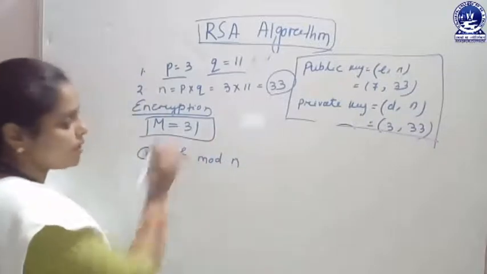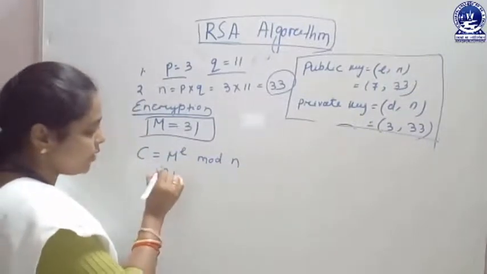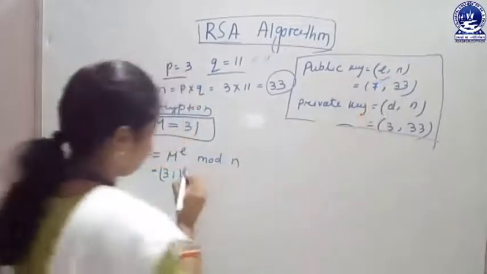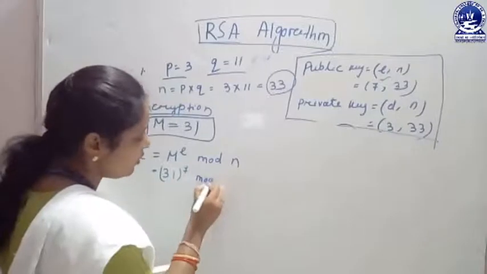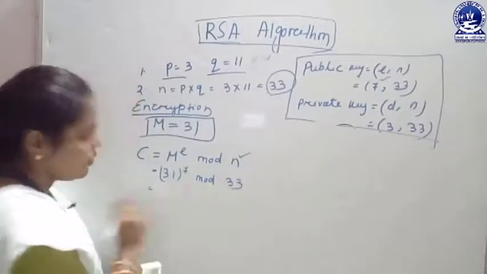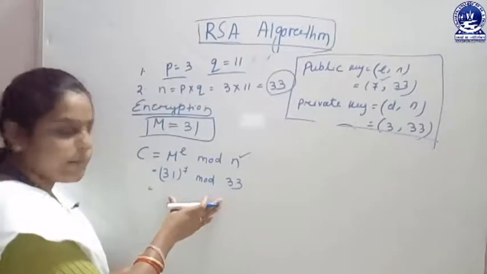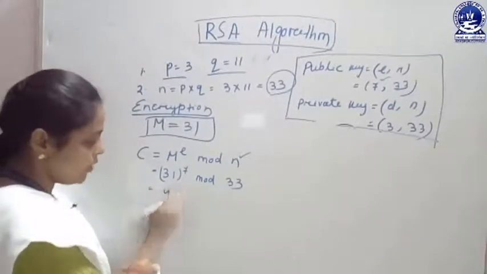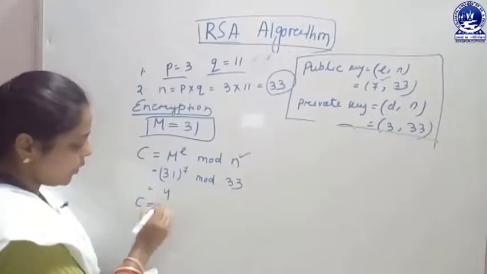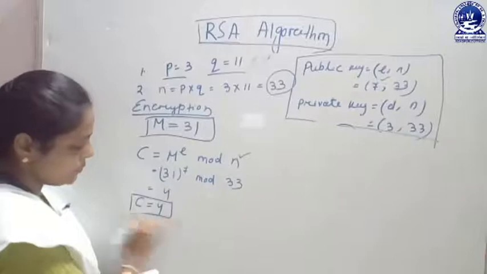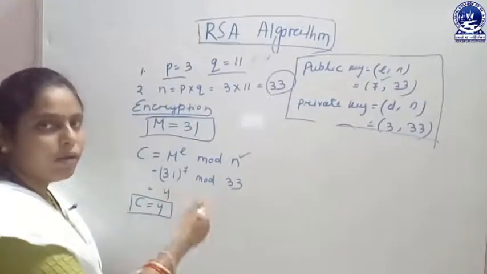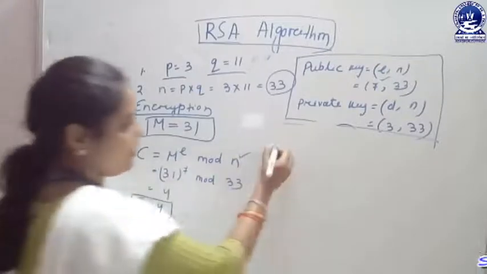Here M is 31, that means 31 to the power e. Here e value is 7, mod n, n value is 33. When you calculate this value, you must get the value that is 4. That means our ciphertext is 4. This is our encryption. Now perform the decryption.